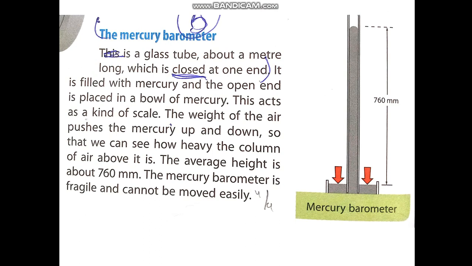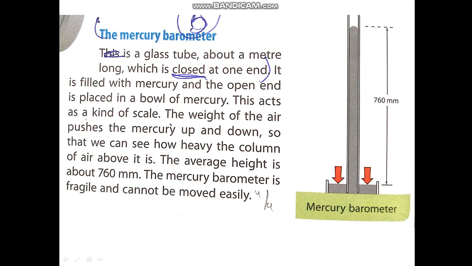The weight of the air pushes the mercury up and down so that we can see how heavy the column of air above it is. The average height is about 760 millimeters. If you see the diagram, it shows the height of the barometer.